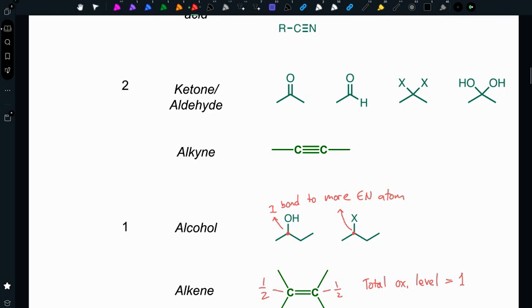Similarly, for alkynes, each of those has 2 pi bonds to another carbon. So each of those has an oxidation level of 1, and 1 plus 1 equals 2 for the total oxidation level.